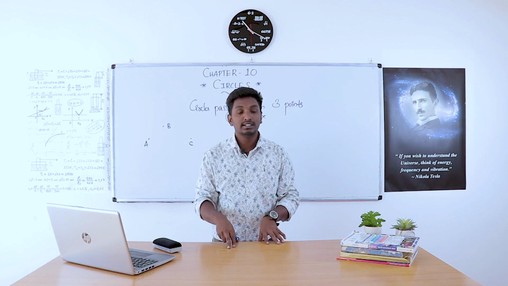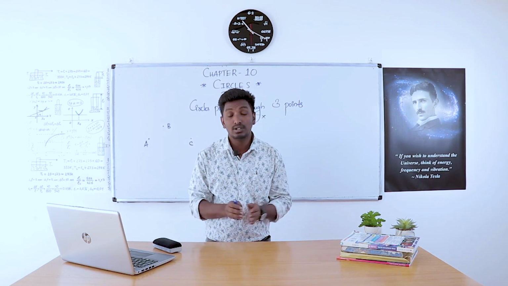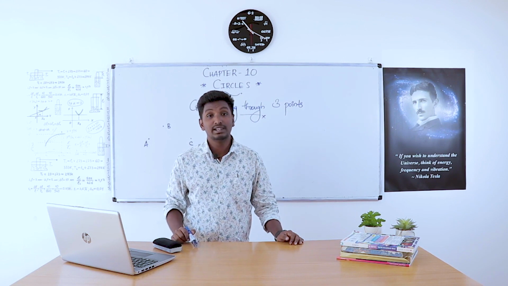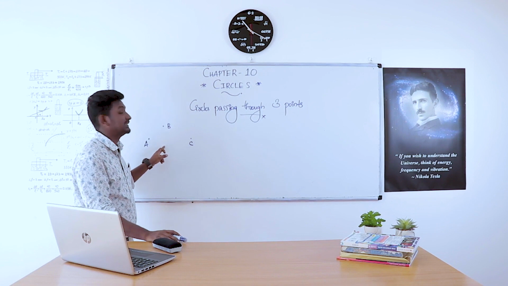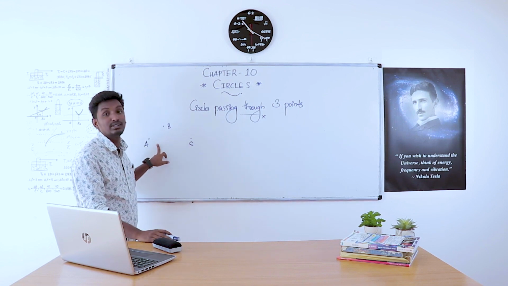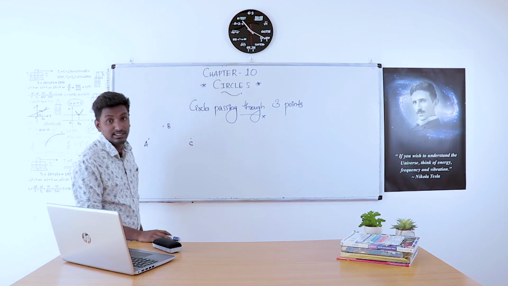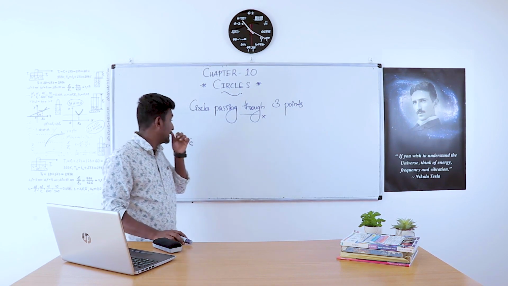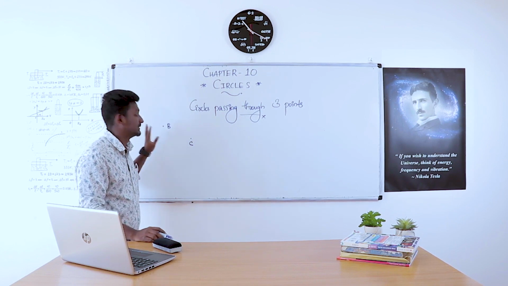Collinear points are those points which lie on the same line. Here, A, B, and C are non-collinear because these 3 are not on the same line.